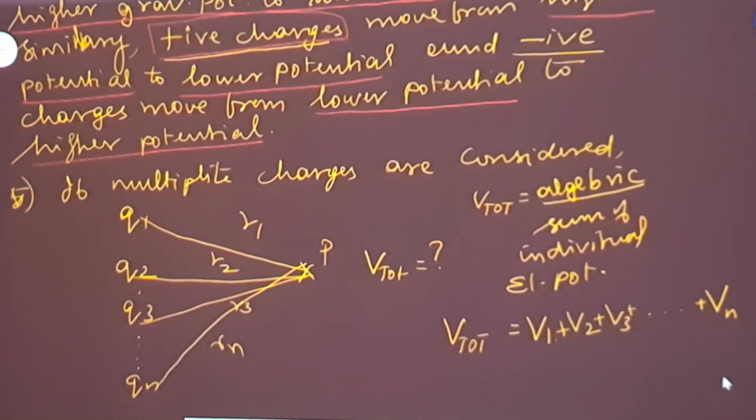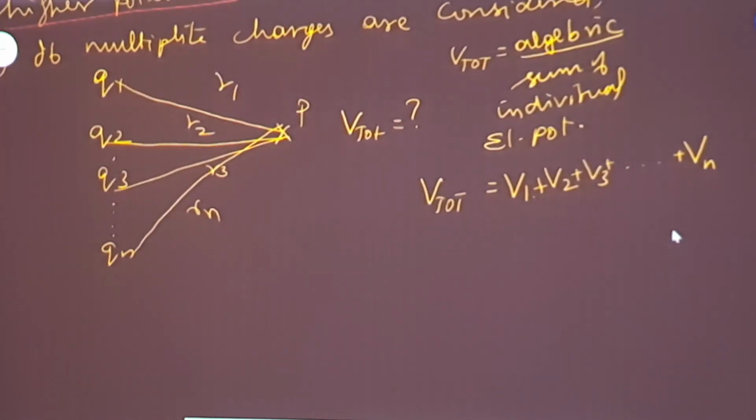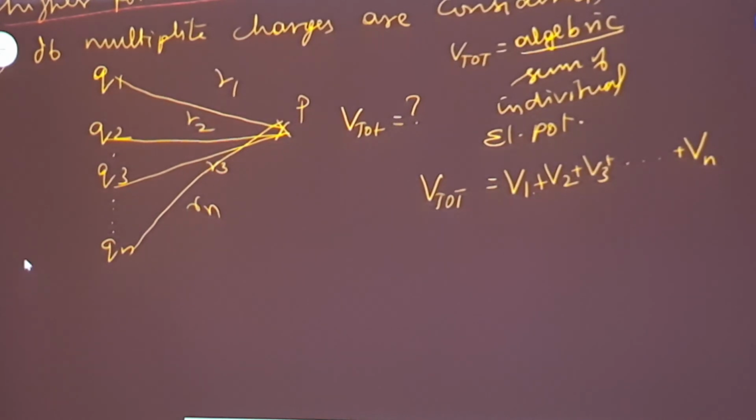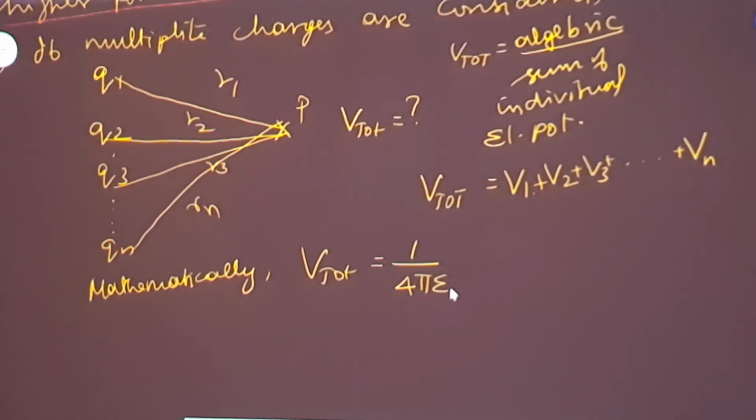So when multiple charges are considered, this is the net potential that is available. This can be written mathematically in the form of sigma: V total is equal to 1 divided by 4 pi epsilon 0 times sigma of Qi divided by Ri, where i varies from 1 to n.